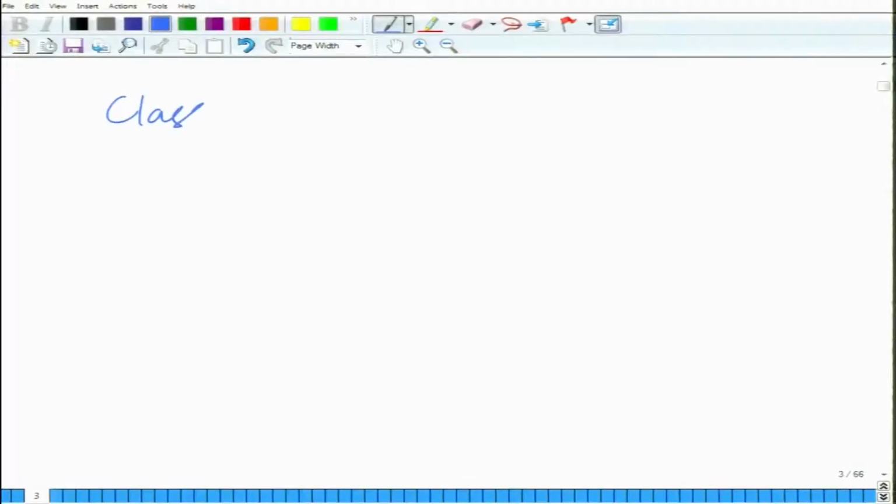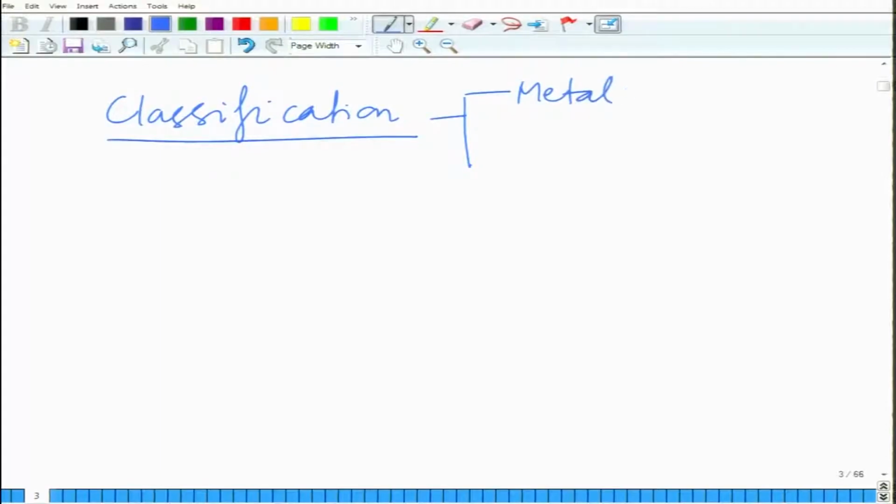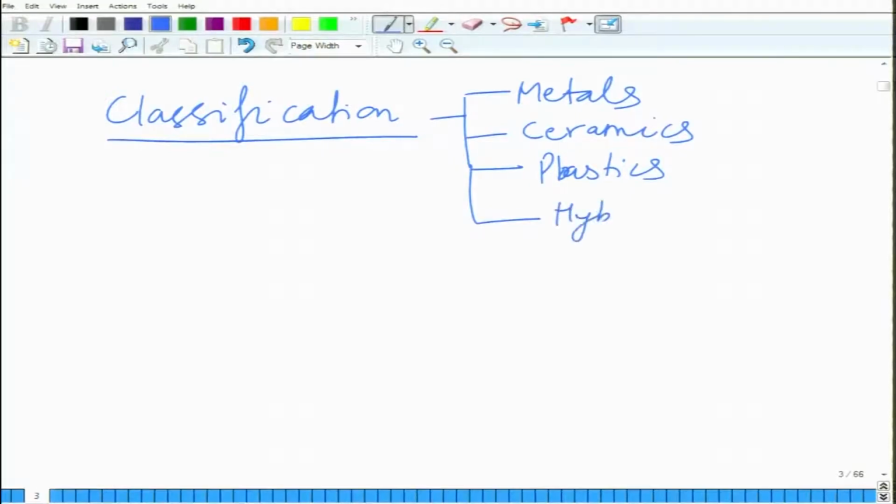And then we discussed classification of materials. Classification of materials was basically in four categories: metals and their alloys, ceramics, polymers, or let us say plastics, polymers and elastomers, and then we had hybrids. Okay.